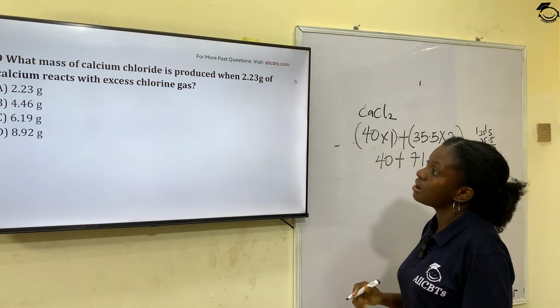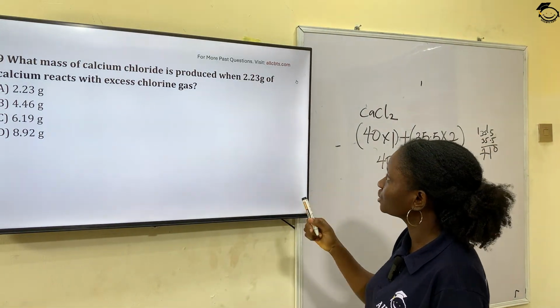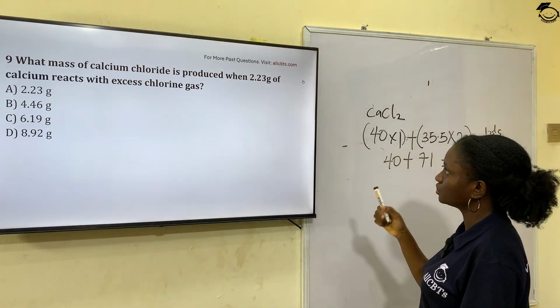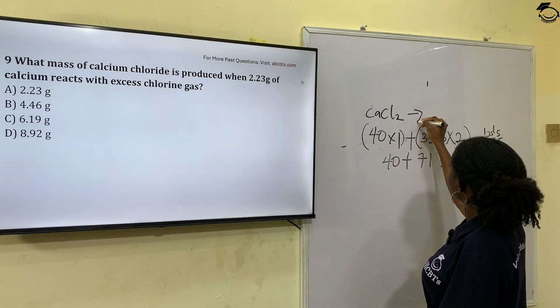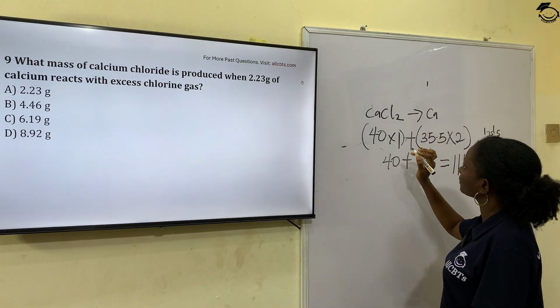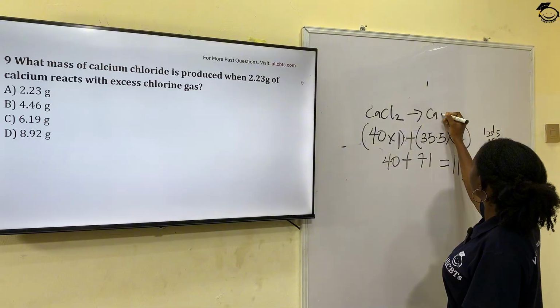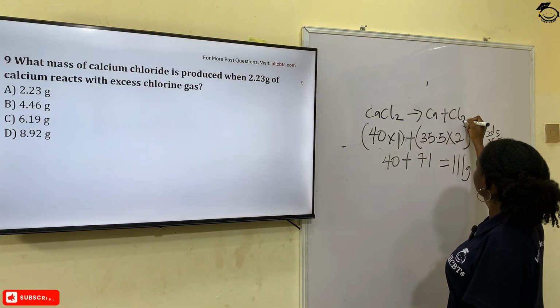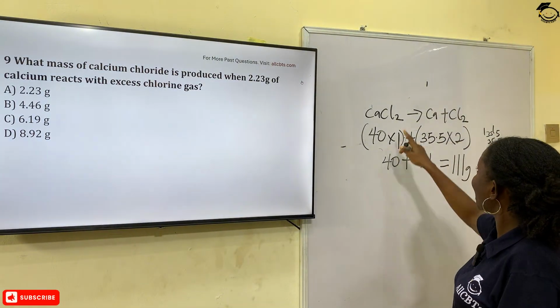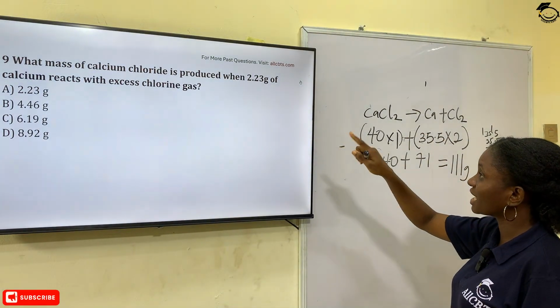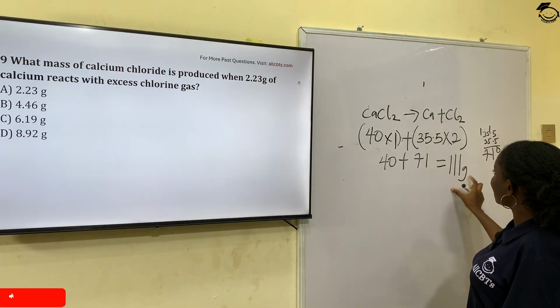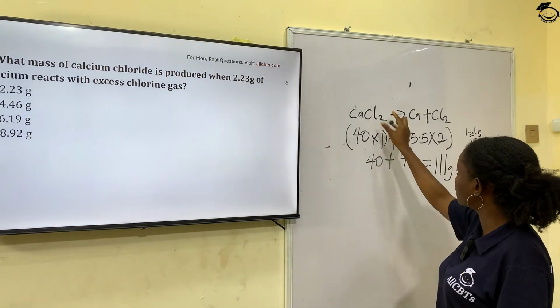So, what mass of calcium chloride is produced, for the equation, we have Ca plus Cl2. This is the total mass of calcium chloride.